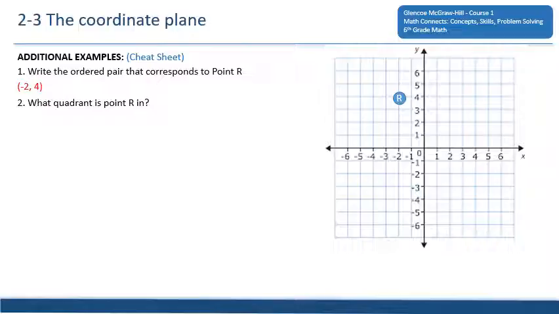And we go counterclockwise, so R is in quadrant 2. We're going to graph and label point M, whose coordinates are 3 and 5. So we're going to go 3 places to the right on the x-axis and up 5 places on the y, and that's where we're going to place M.